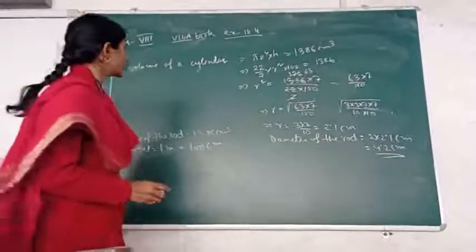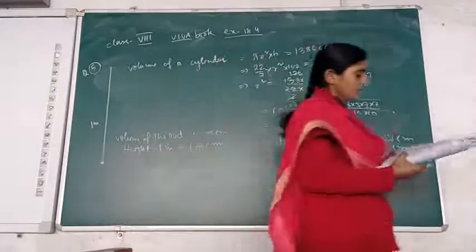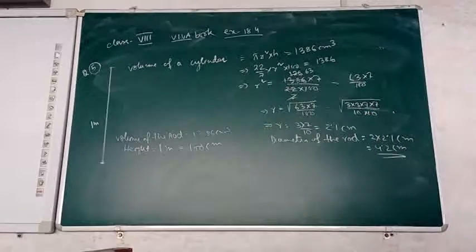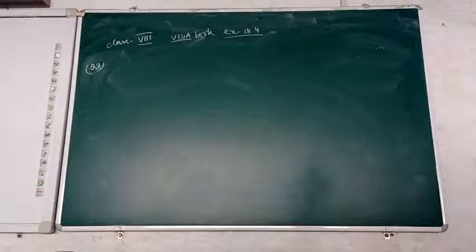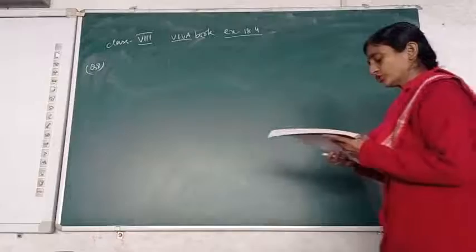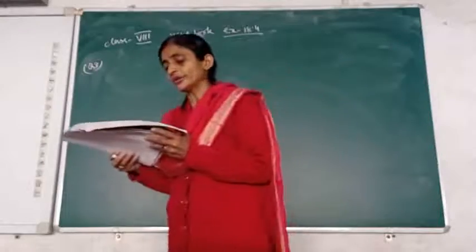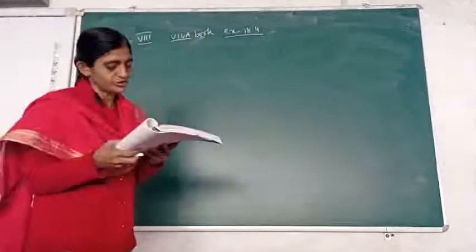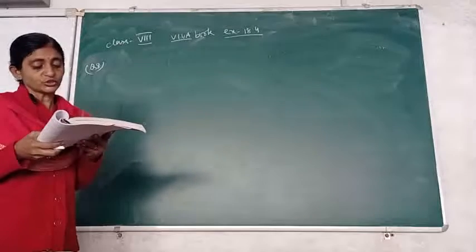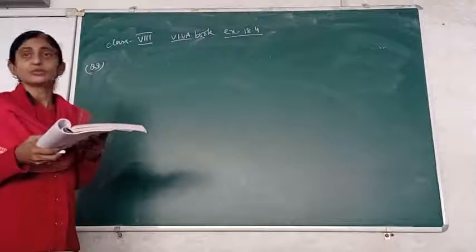Let's come to the next question of the same exercise, question number 8. First you go through the question. How many cubic meter of soil must be dug out to sink a well which is 21 meter deep and has a diameter of 8 meter?